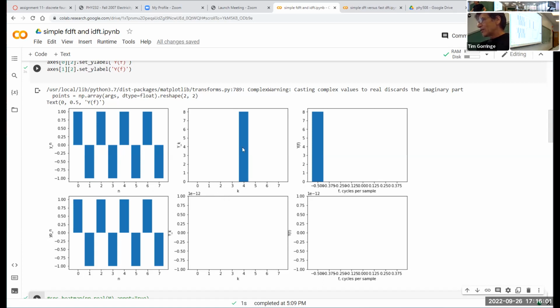The distribution of frequencies is mirrored either side of that highest frequency. So these 3 points, 1, 2, and 3, which are the lower frequencies, are mirrored over here in 5, 6, 7. You'll see this more clearly when I show some other cases.